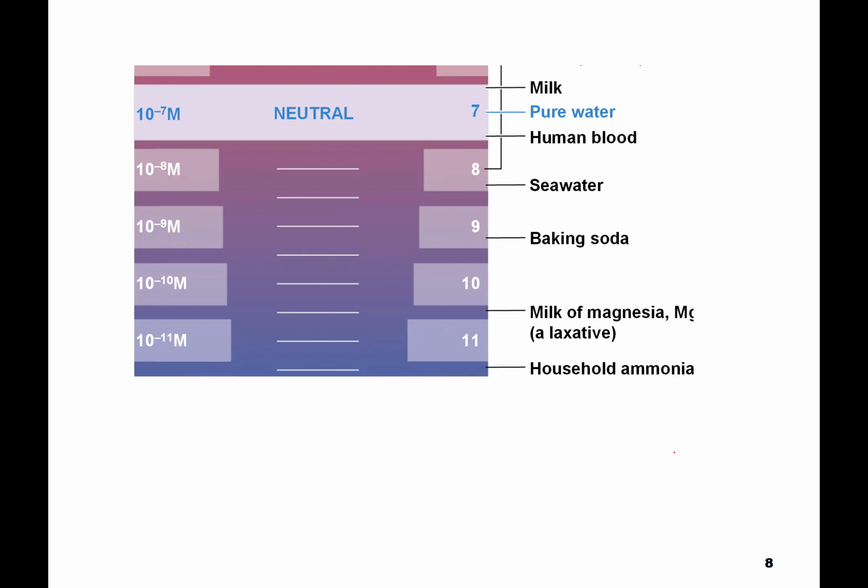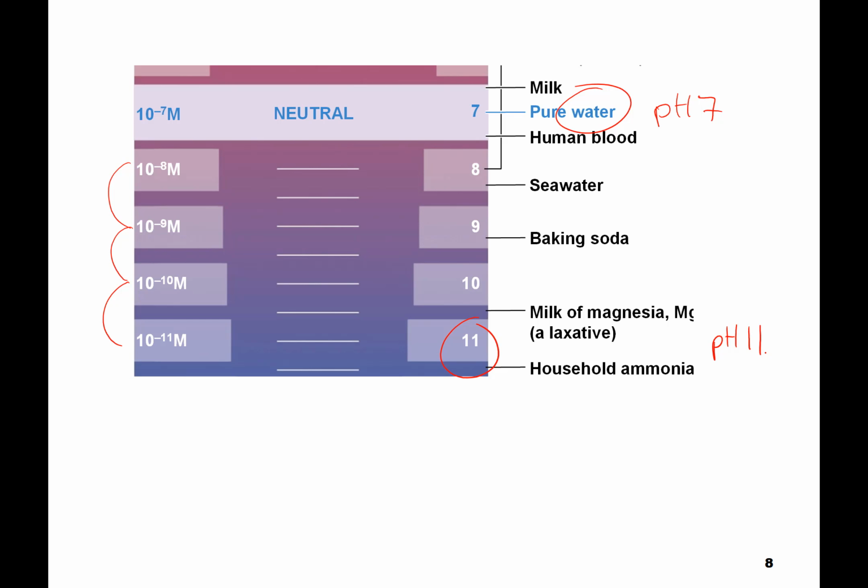Same thing holds true on the basic side. These are all 10-fold differences with a 1-unit change. So if you were going from water at pH 7 to ammonia at pH 11, what's the difference in hydrogen ion concentration?